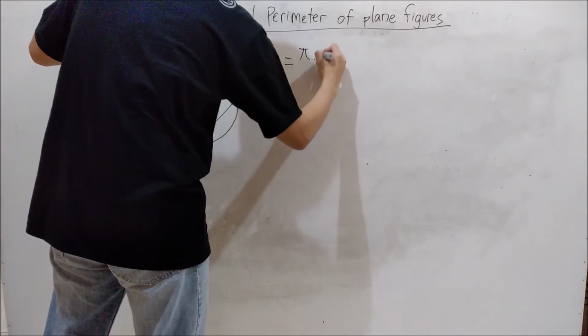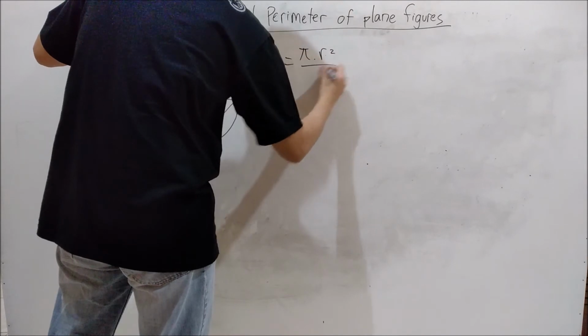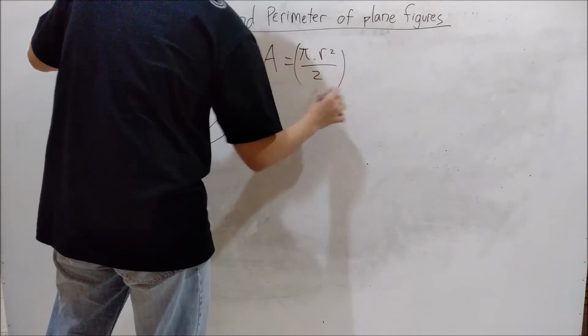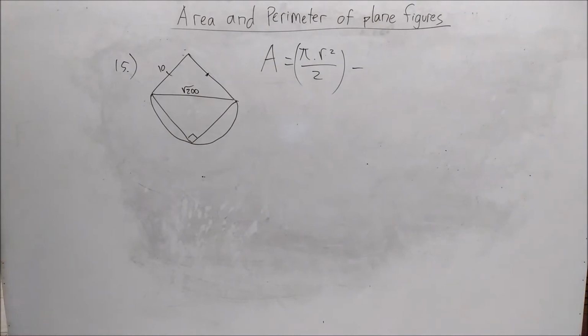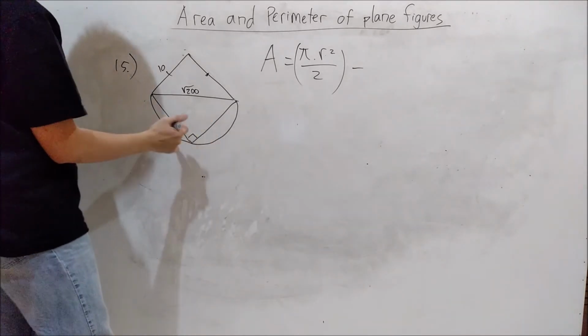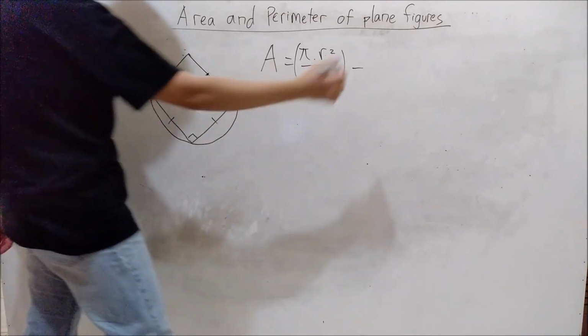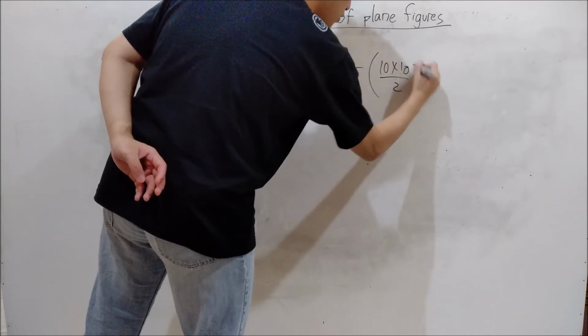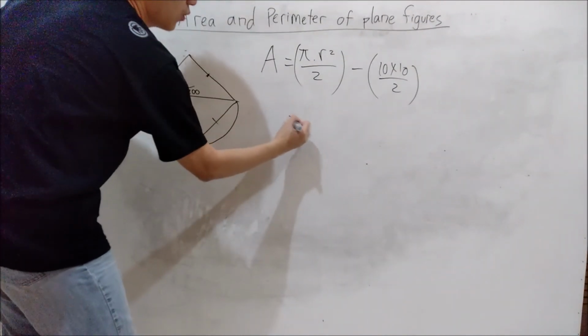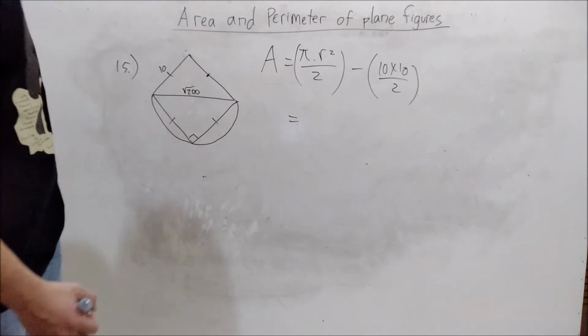Pi r square divided by 2, and then you will minus the triangle itself. The triangle has a base and a height of 10 each, so 10 times 10 divided by 2 will give us some number.